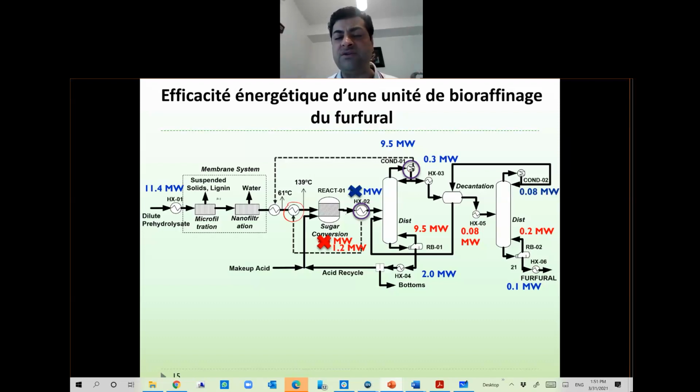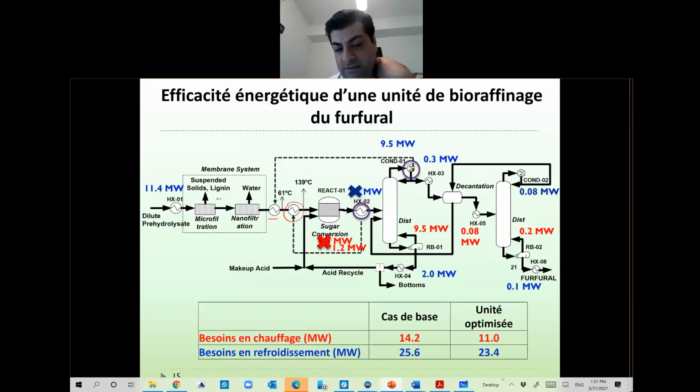By this kind of analysis of heat sources and heat sinks after process simulation, and auditing which heat sink can be matched with which heat source, he identified that he can really apply a significant energy saving in the process.